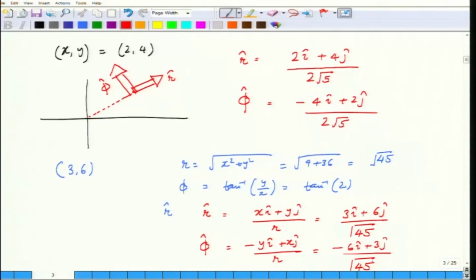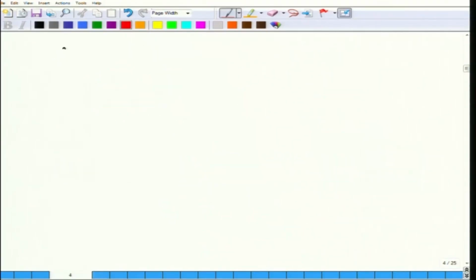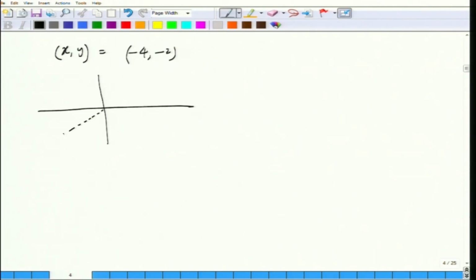The final question in this is where x, y is given to be minus 4 and minus 2. So this point is actually in the third quadrant out here, and therefore the distance r is square root of 4 squared plus 2 squared, which is again 2 root 5.